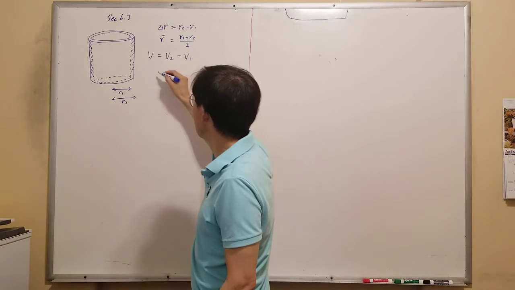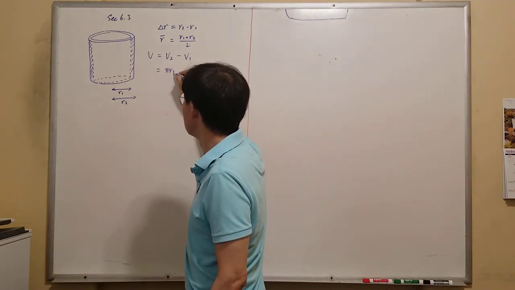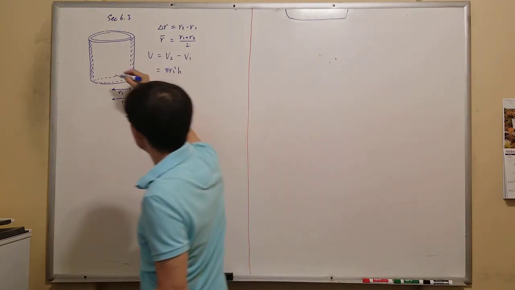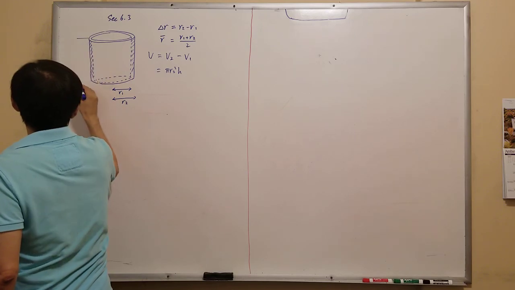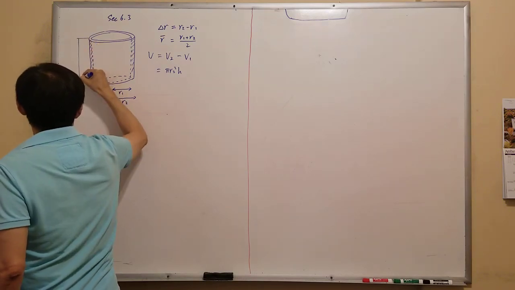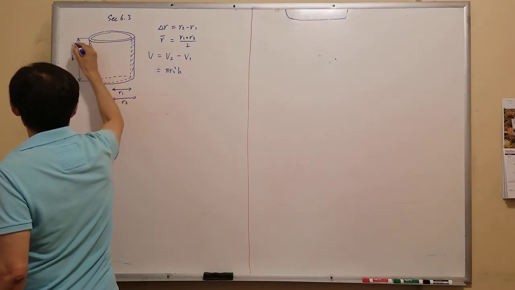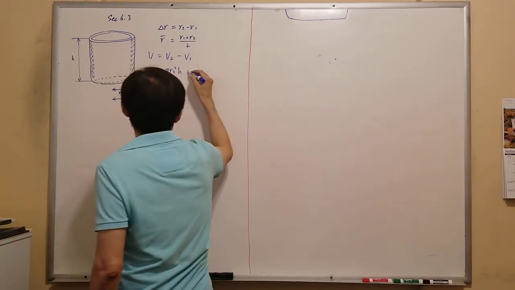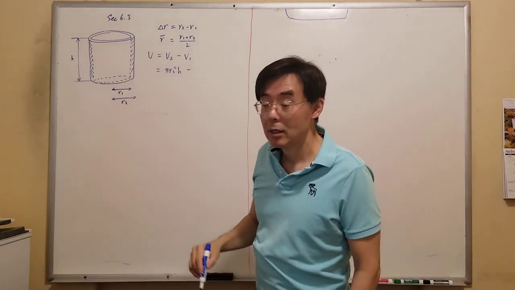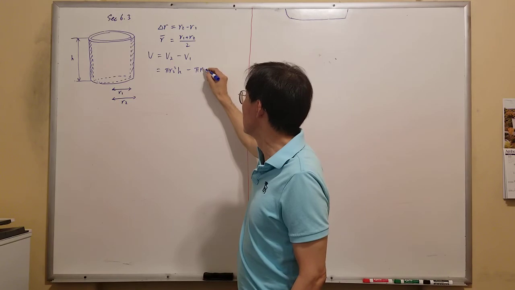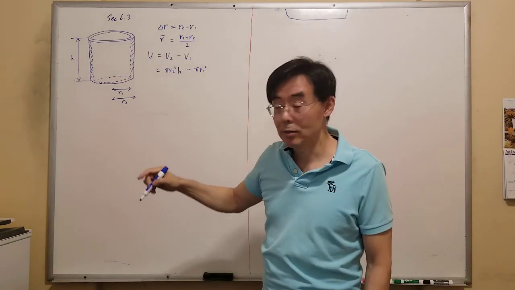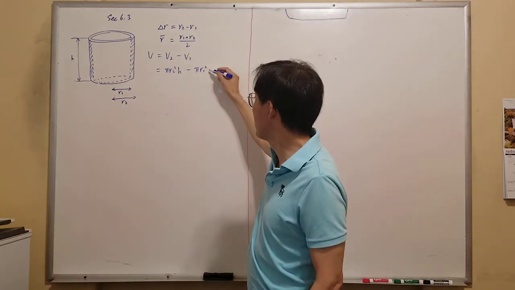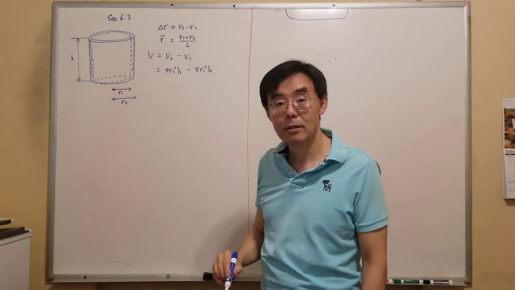The outer cylinder volume is pi R2 squared H. They both have the same common height, H. Minus the inner cylinder, which has R1 as a radius, so base area pi R1 squared times height.